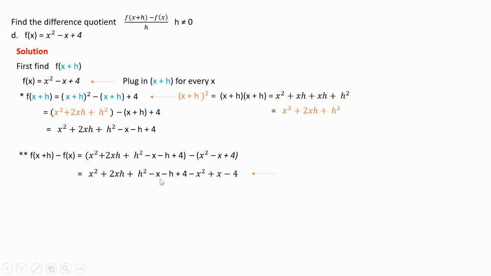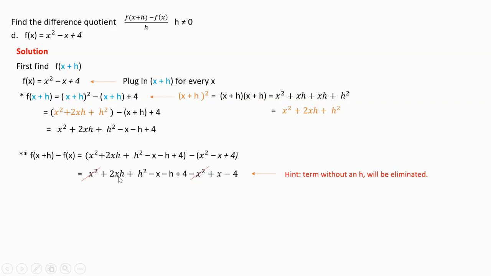Now, we begin to combine terms. I like to tell my students that in this case, only the terms that don't have an h will be able to cancel. For example, the x squared doesn't have an h, so we have x squared, and here we have negative x squared, so they'll cancel.